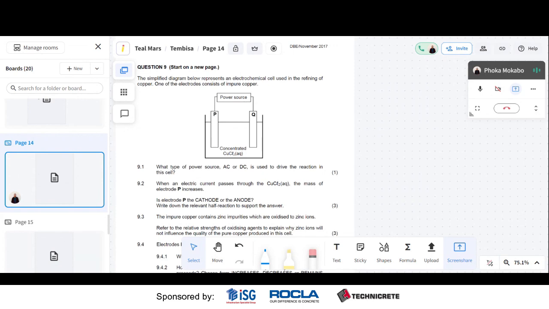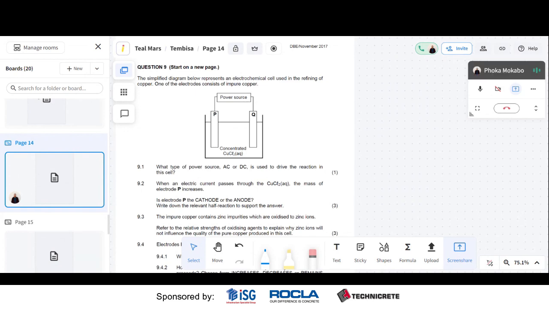Sorry, I lost connection for a bit over there, but like I said, we refine copper as it is very important to us, and is very important in the usage of electrical wiring. It goes without saying that's one of the most important things within society, as it allows us to transport electricity.